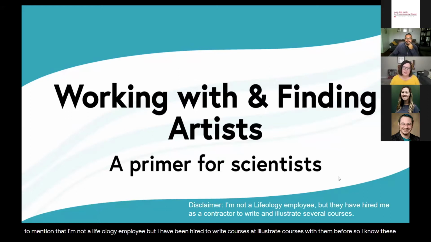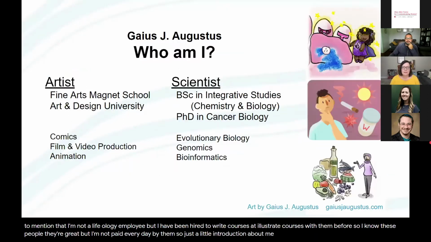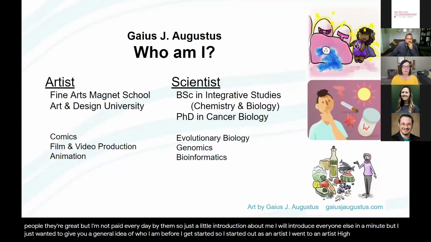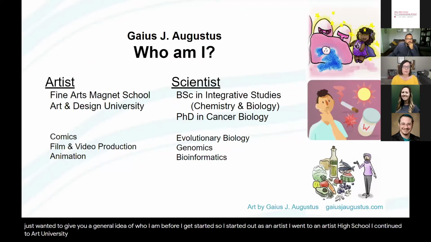So just a little introduction about me. We'll introduce everyone else in a minute, but I just wanted to give you a general idea of who I am before I get started. I started out as an artist. I went to an artist high school. I continued to art university, and I really focused a lot of my energy on creating comics, video production and animation.